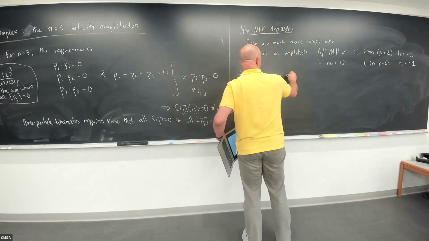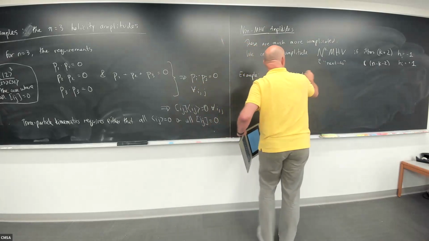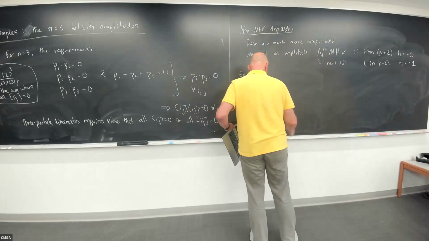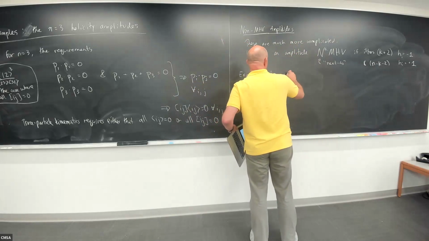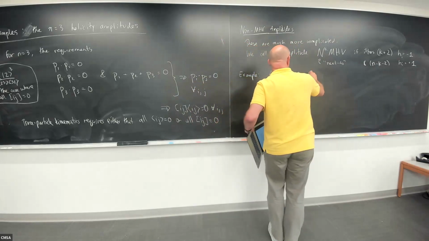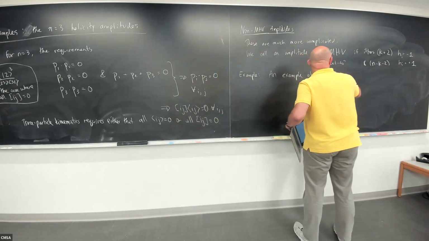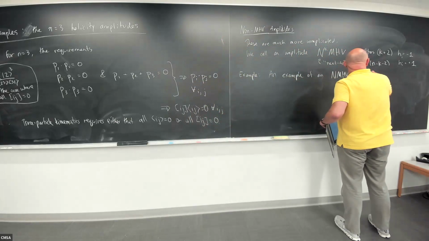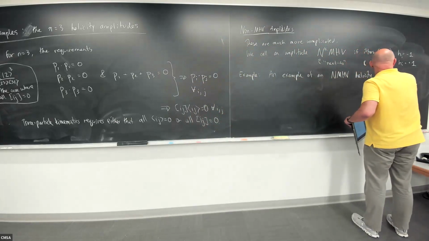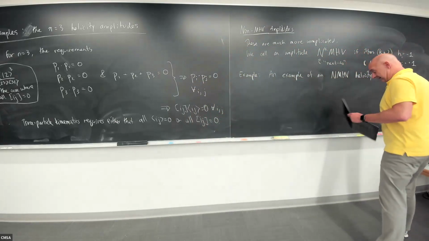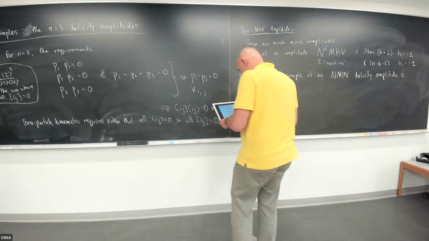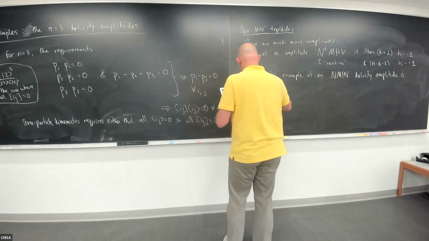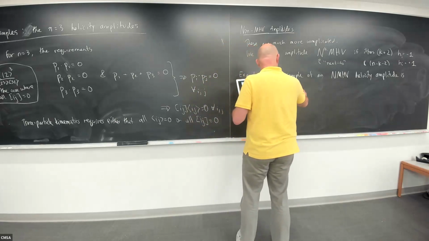The simplest example of an NMHV helicity amplitude is this one, the 6-particle amplitude with 3 negative helicities.